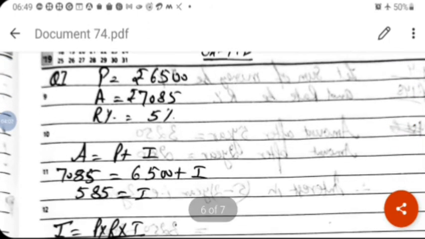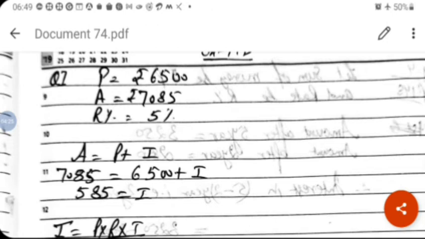Moving towards exercise 19D, question number 7 says that a person lent out rupees 6500 on January 1, 2018 at 5% per annum. After some time, he got 7085 along with interest. Find the date of the payment.